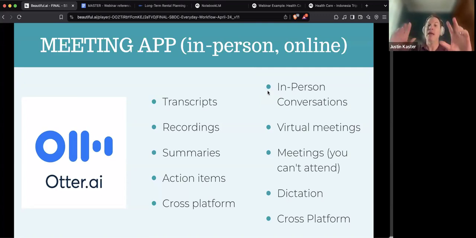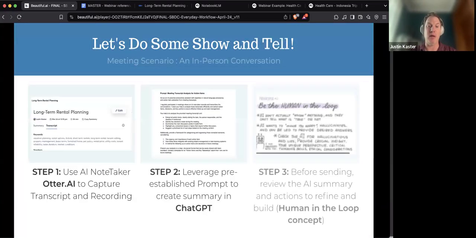Not intentional, but it works for in-person meetings, virtual meetings, and even meetings you can't attend. It could also work for dictation. So it's an app you can leverage for this part of the process, post-meeting summaries, but it has other capabilities as well.